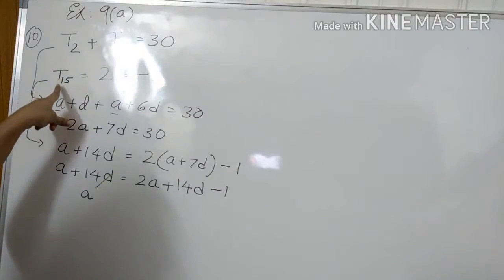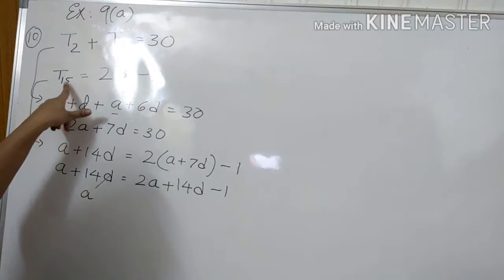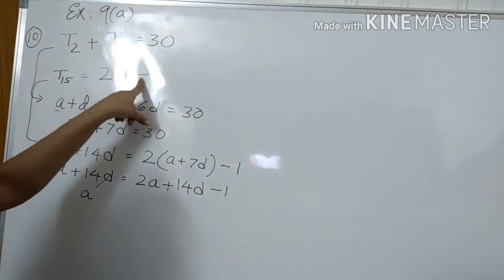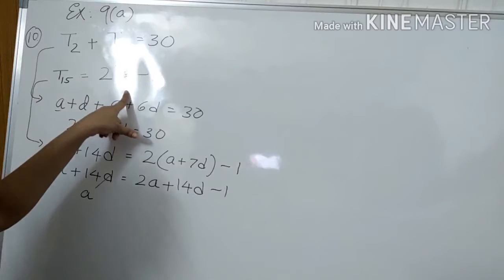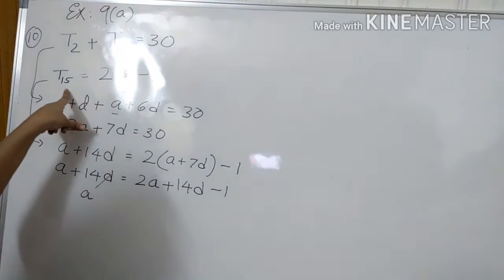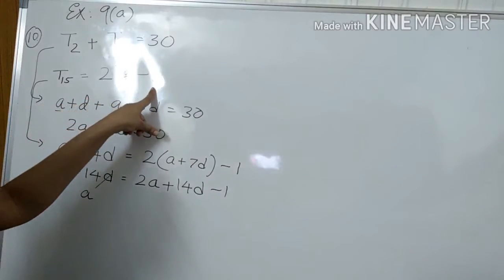Then it is written that term 15 is 1 less than twice the 8th term. So this is another relation: T15 is equal to twice T8 minus 1.